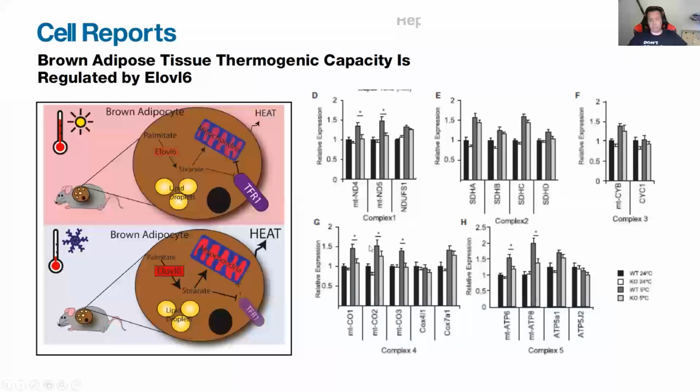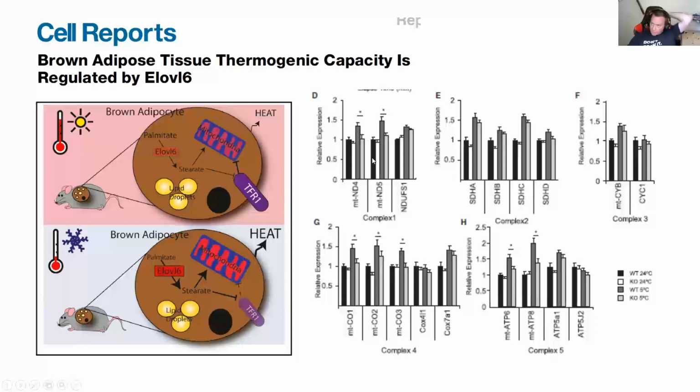So here we've got MTCO1, MTCO2, MTCO3, ATP6, ATP8, which are also mitochondrial encoded, except for complex 3, where MTCYB did not change. But more importantly, all of the nuclear ones were unchanged. So there was this reduction.